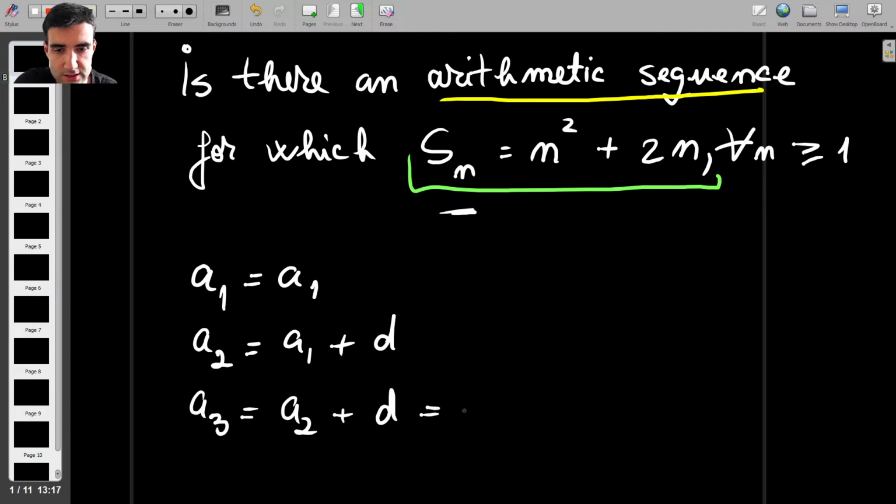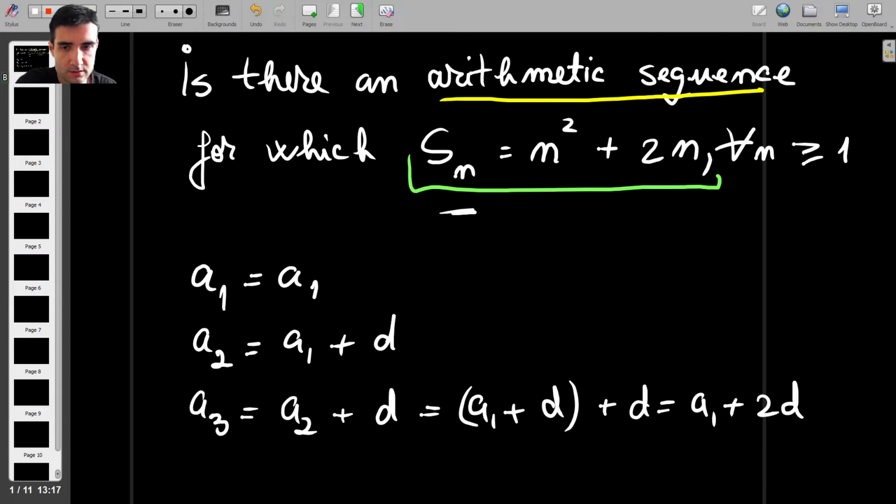So a2 is a1 plus d, and then plus d again gives a1 plus 2d. Each term can be found either by adding this constant difference to the previous term, or it can be obtained from the very first term in the sequence, and then you add an integer multiple of that difference.